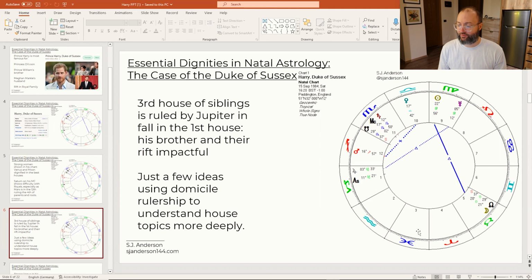The other thing that this would show is the rift with William, that Harry's been processing. Part of these interviews with Spare was him describing his and his brother's rift over the last few years related to his marriage to Meghan Markle and his separation from his royal duties. But that would also be explained here, that when we look at the condition of the 3rd house ruler, the condition of Jupiter in Capricorn is not very good.